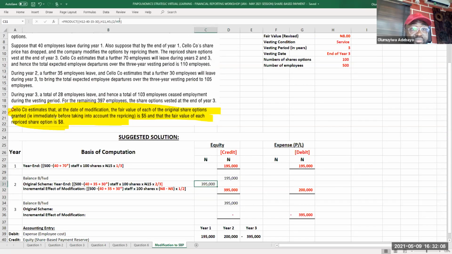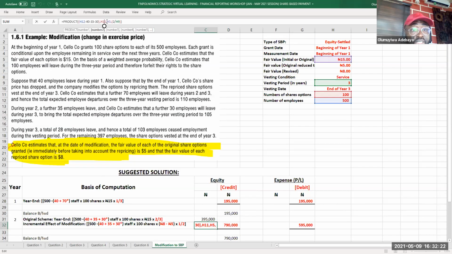Now I can copy this formula and modify it. What am I modifying there? The same thing I have here. Now I'm using the price, not the 15. I'm not using the difference between the 8 and the 5, which is the incremental cost. And now I'm doing it for the second year out of the first year. And that will give me this.